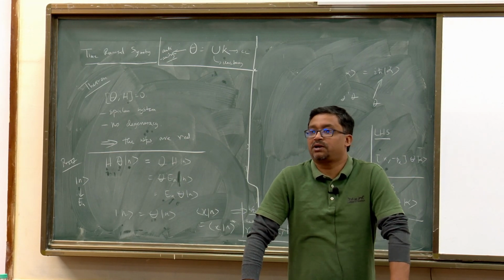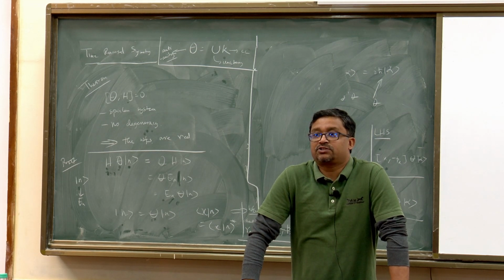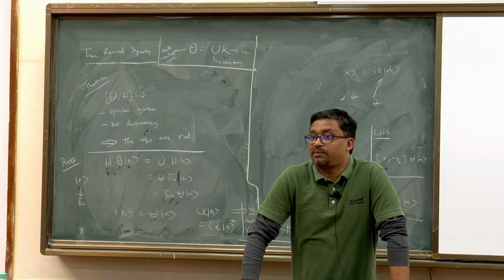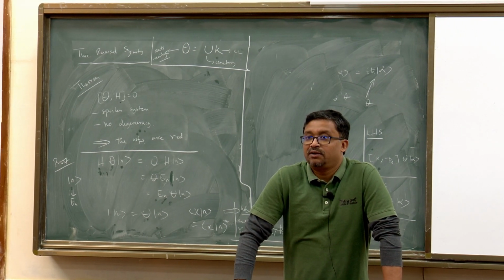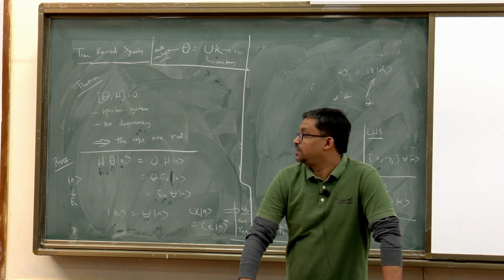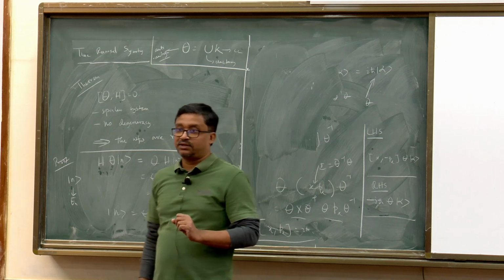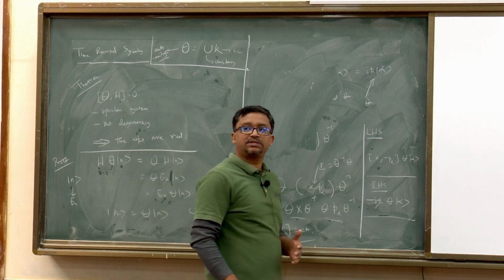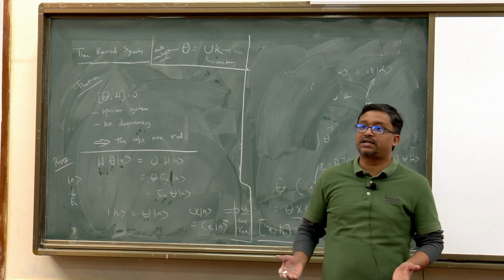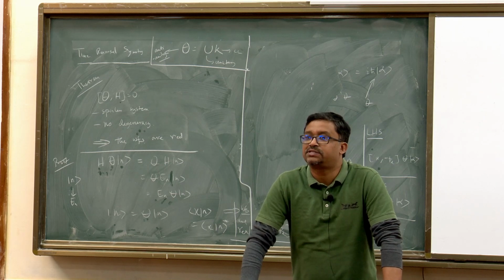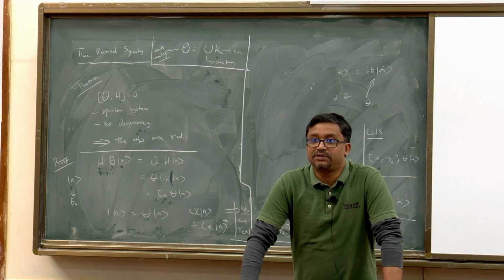If angular momentum commutes with the Hamiltonian, J squared or J z might be a good quantum number. But that is not true here, because theta is not unitary. That is only true for unitary operators. So there is no conservation law as such, but we can get some additional degeneracy that we will see if you have this kind of symmetry.